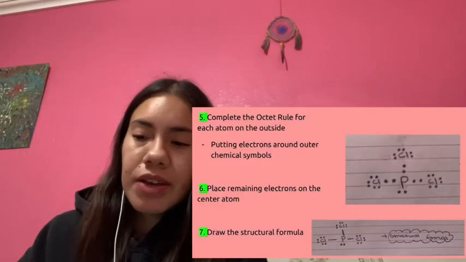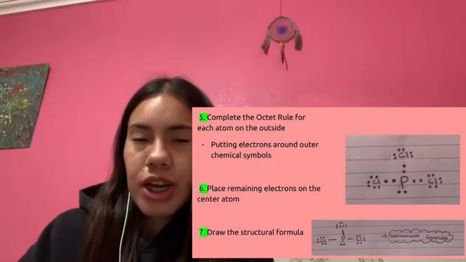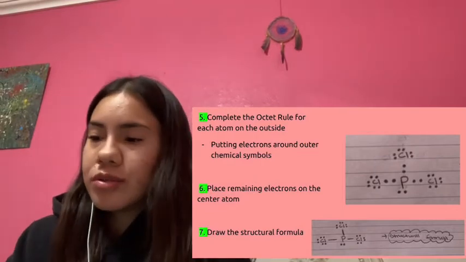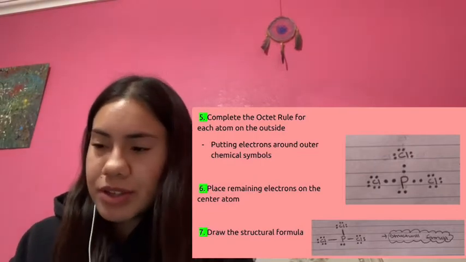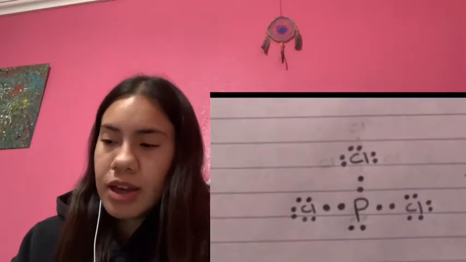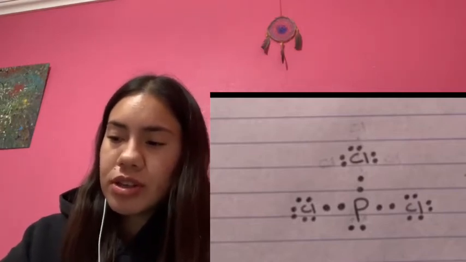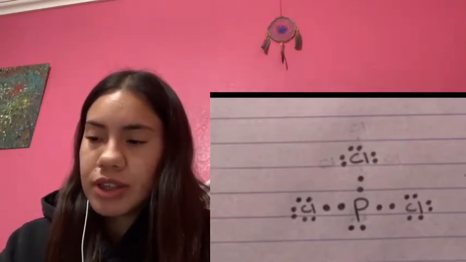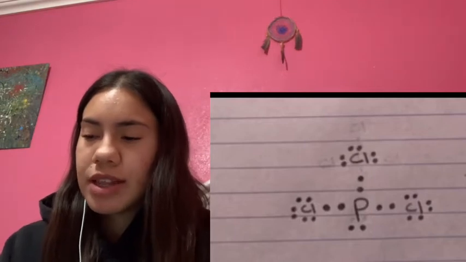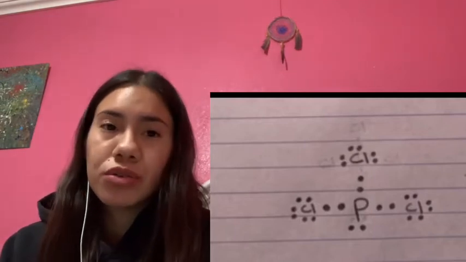Step 5 is to complete the octet rule for each atom on the outside. We already did it here. We see each chlorine atom has a total of 8 valence electrons. If you look at the image, each chlorine has one on the left side, the right side, the top and the bottom.